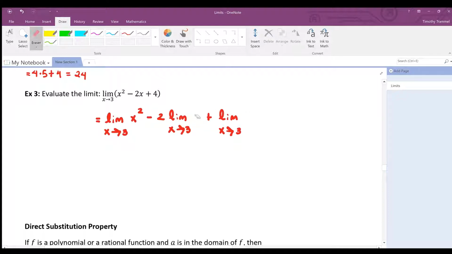I'm going to write parentheses in here so we don't mix this up, of x and of 4.